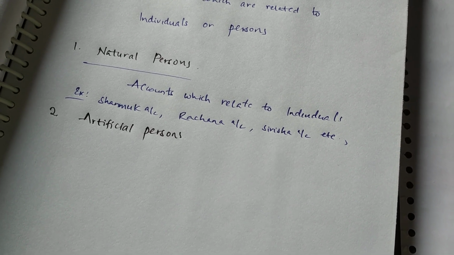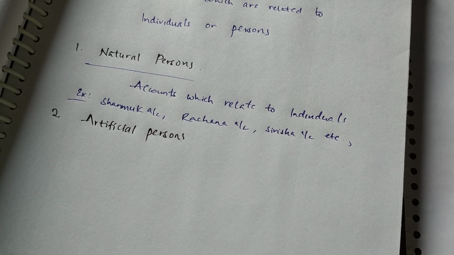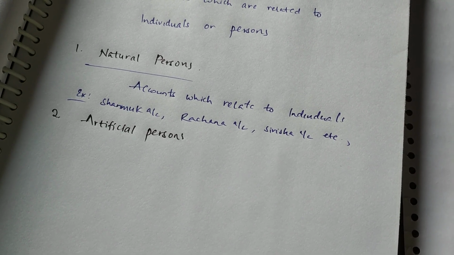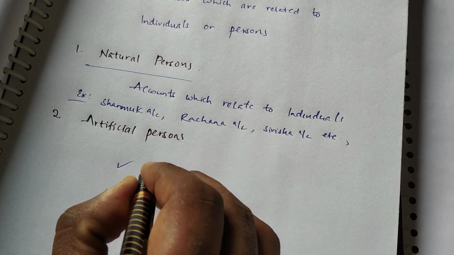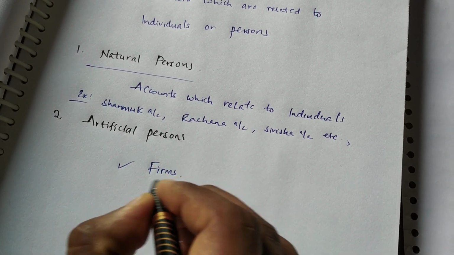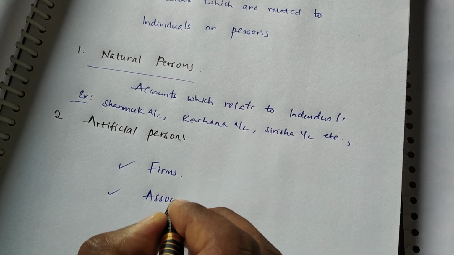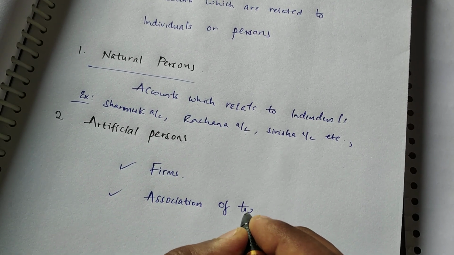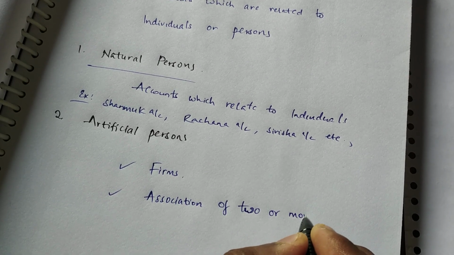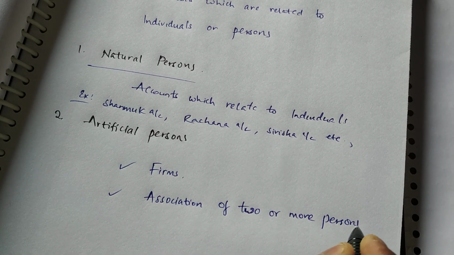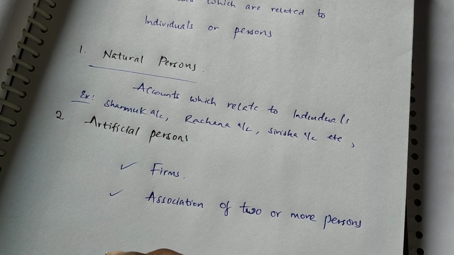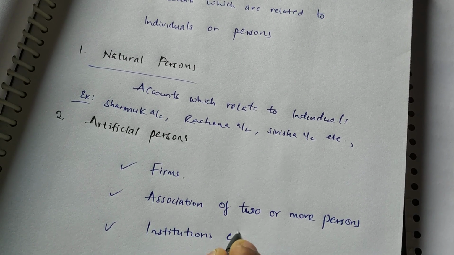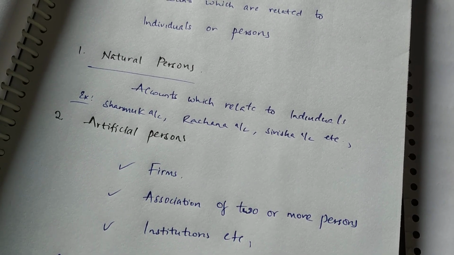Artificial persons are those which relate to a group of persons, firms or institutions: firms, associations, an association of two or more persons, a group of individuals, institutions, etc. Example, you can go over there.